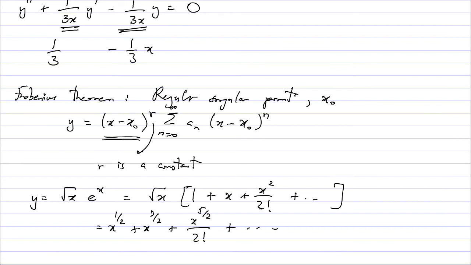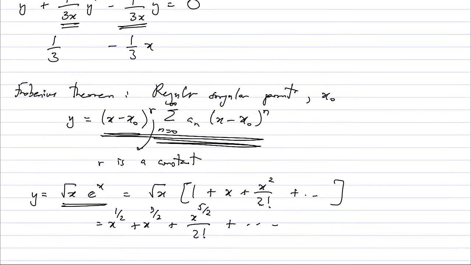This is very similar to that form, except that r is equal to 1 by 2, x naught is equal to 0, and of course this corresponds to the usual power series expansion for the exponential function. So essentially you're dealing now with some kind of generalized power series in which the powers need not be positive integers. The r can be any number.